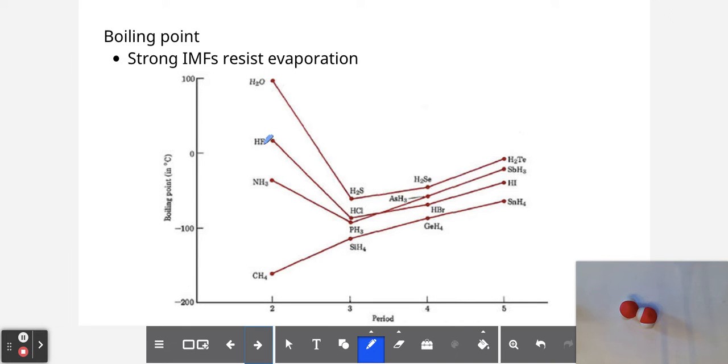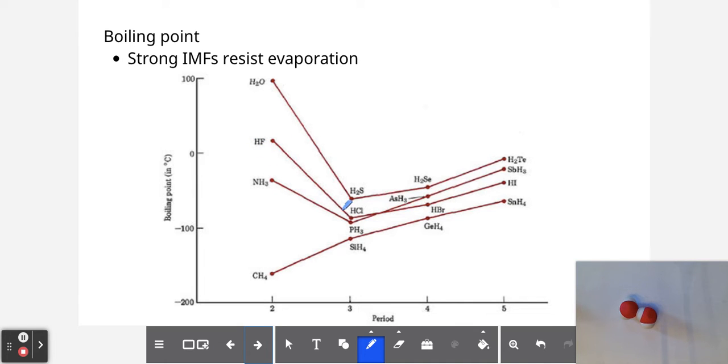Similarly, HF is held together pretty well by hydrogen bonding. Cl is below F on the periodic table, so these are comparable compounds, but HCl only has dispersion forces and dipole-dipole interactions, whereas HF has dispersion forces and hydrogen bonding.